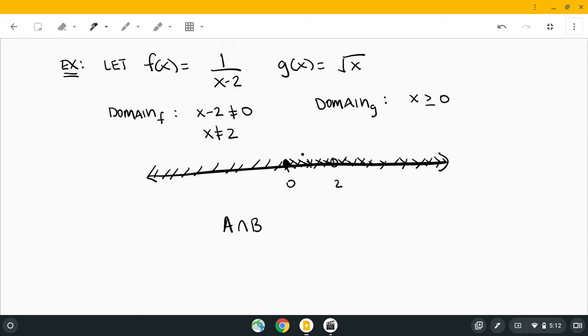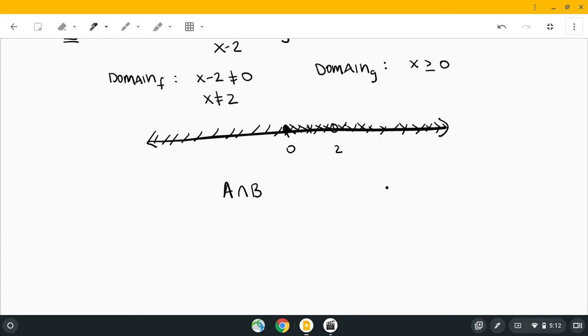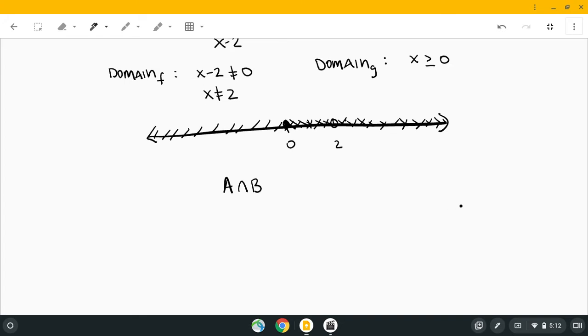I'm going to go ahead and write this in interval notation. Our A intersection B is from 0 to 2, parentheses, and then 2 to positive infinity.